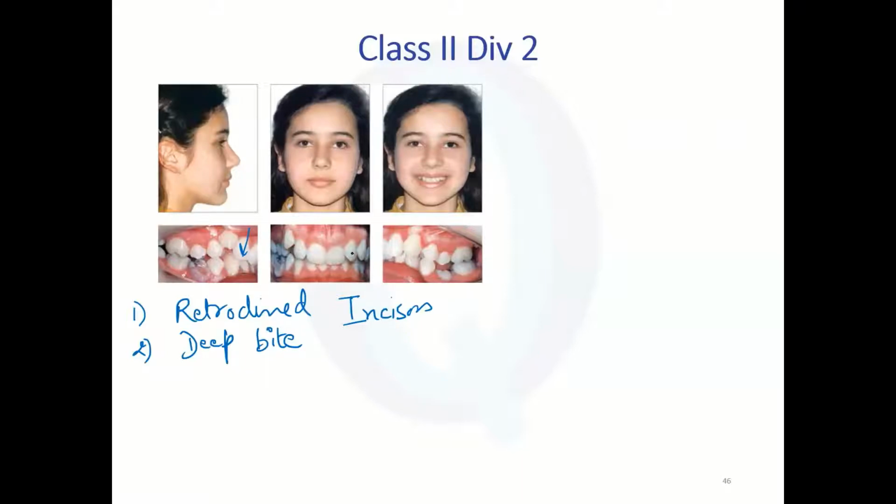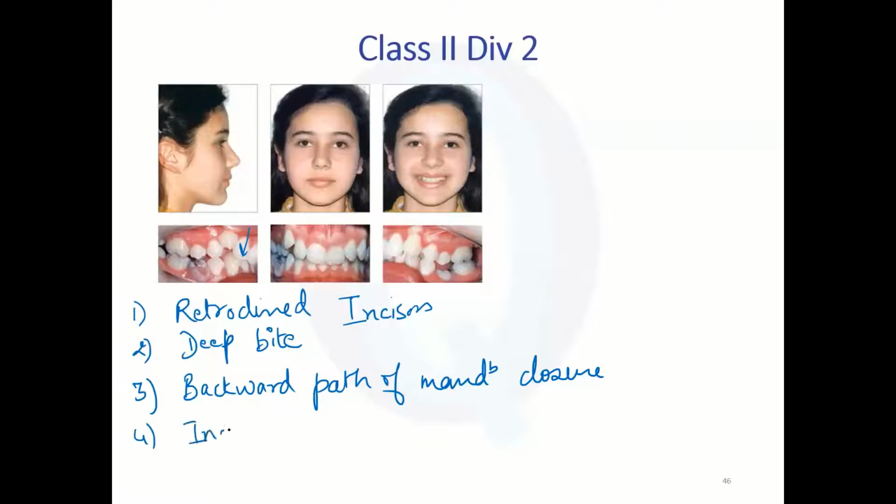Now because of the deep bite and retroclination, the mandible is pushed backwards. So there is a backward path of mandibular closure. And the fourth important point is increased column angle.